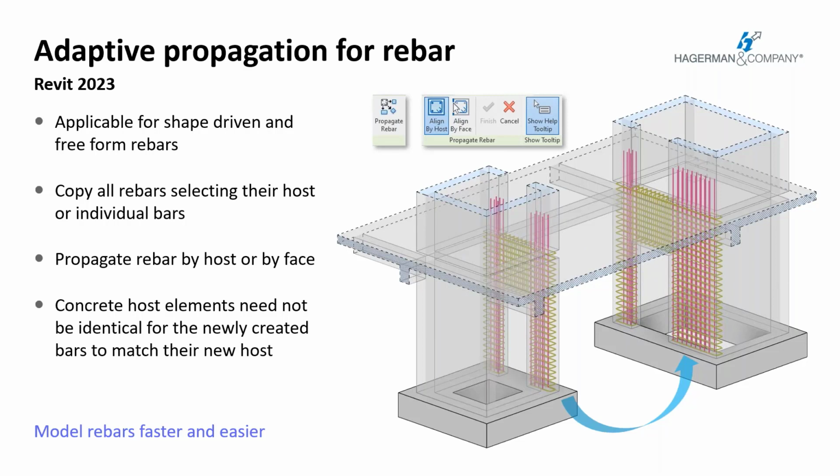The new adaptive propagation features work for free-form rebars too. Freeform rebar can be propagated in a similar fashion to the shape-driven, but the freeform bars can be aligned to a destination host or face. So lots of flexibility here.